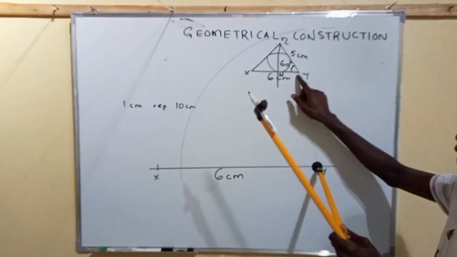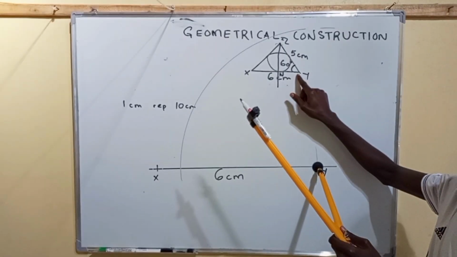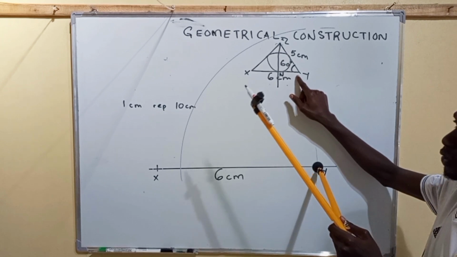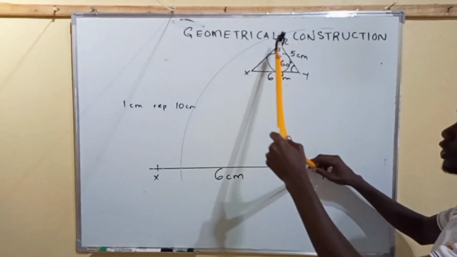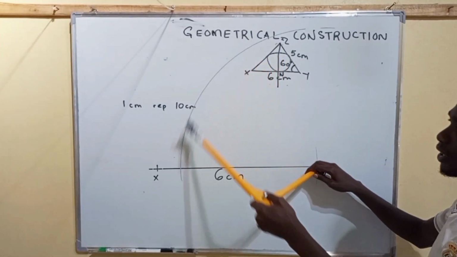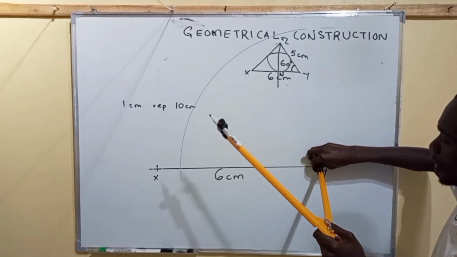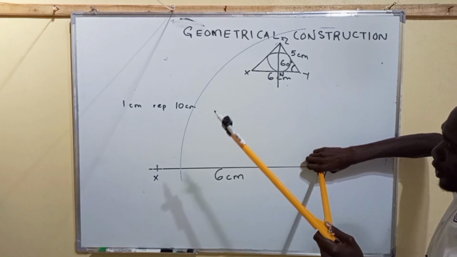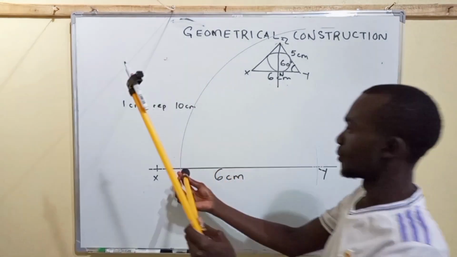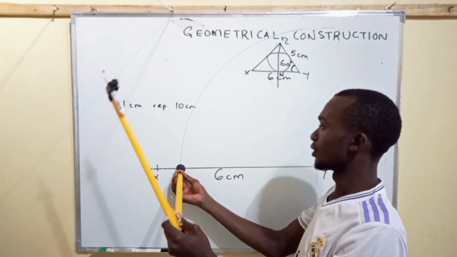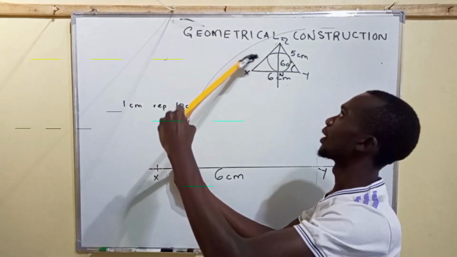Then the angle at point Y should be 60 degrees. Remember that when you construct 60 degrees, we usually make a continuous arc line. Then where the arc meets the baseline, you place your compass at this particular point where the arc meets line XY, and you make an upper arc.